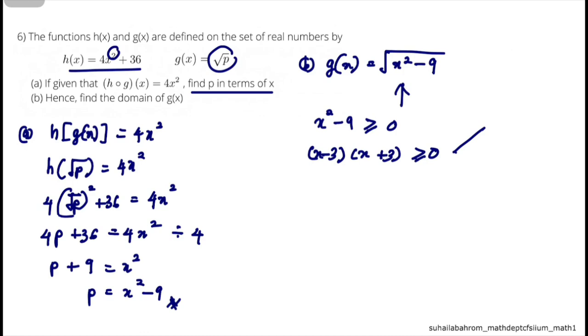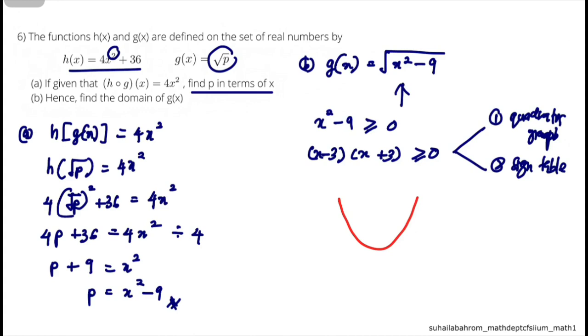There are two ways for you to solve this quadratic inequality. It's either by using the quadratic graph, or you can also use the sign table. The second method is by using the sign table. Since we have a quadratic, it will be easier for you to solve by using the quadratic graph. So draw the smile graph because your a is already 1, a positive number.